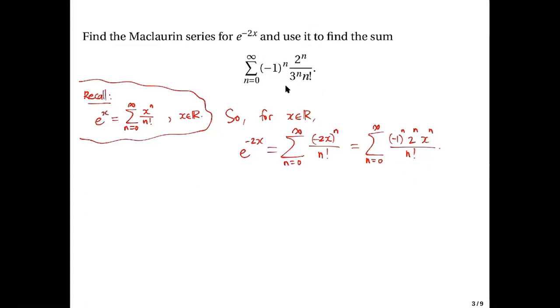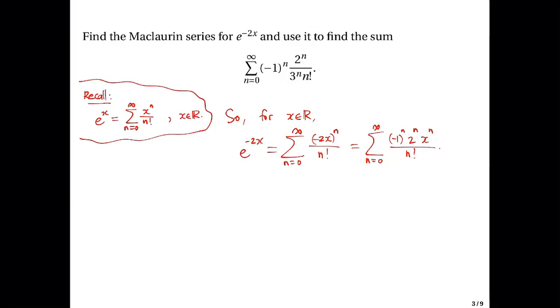And then in here, we have 1 over 3 to the n. So we use that 1 over 3 to the n and compare it with x to the n, and we will know which x value we will use in order to find the actual sum of this series.